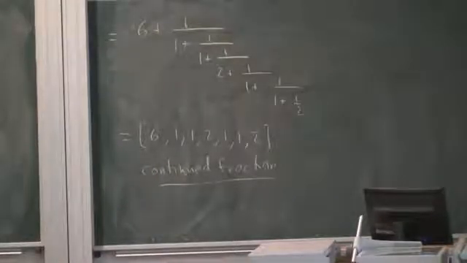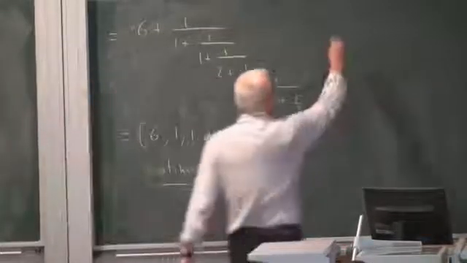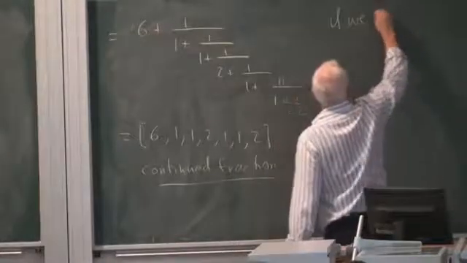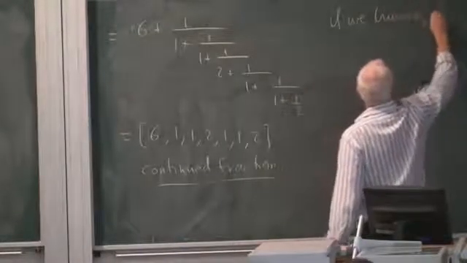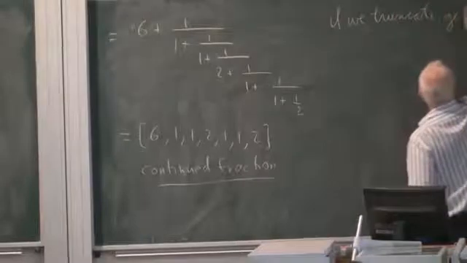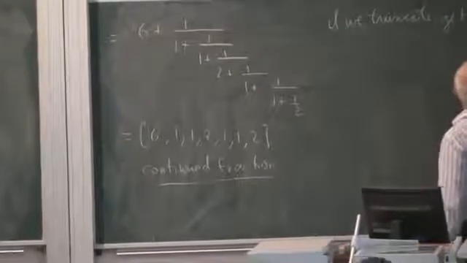Continued fractions are useful because if you stop the process at any intermediate stage, you get a pretty good approximation to the thing you started with. So for example, if we truncate, we get a good approximation.